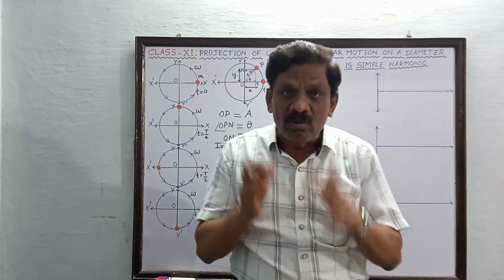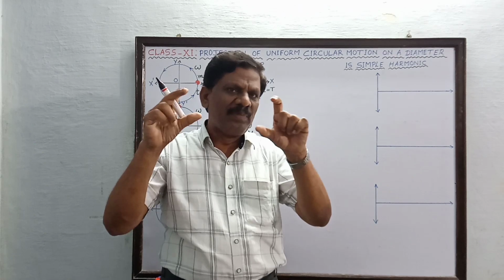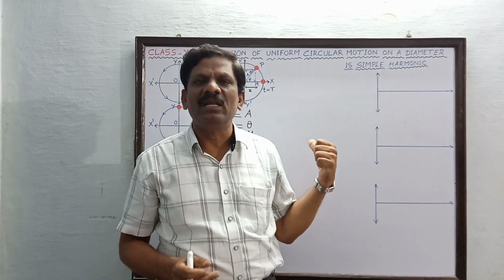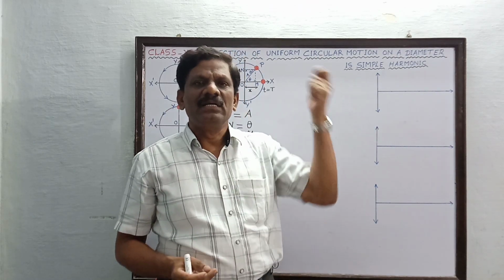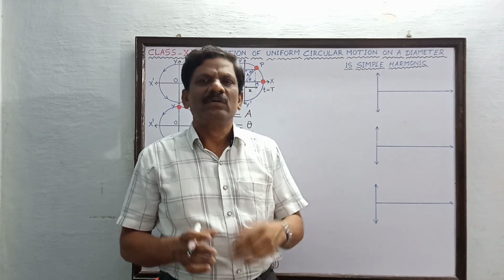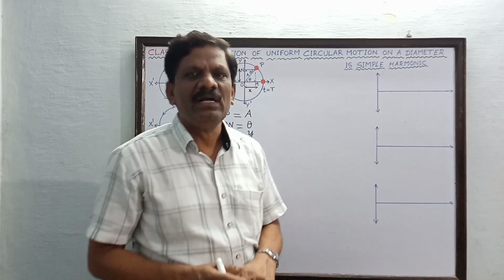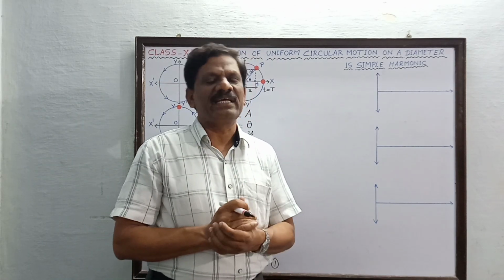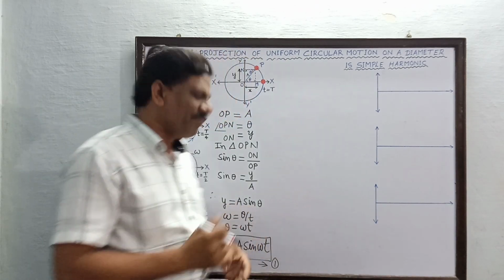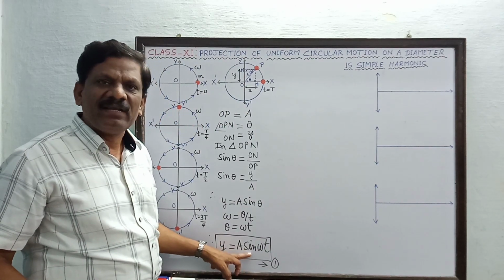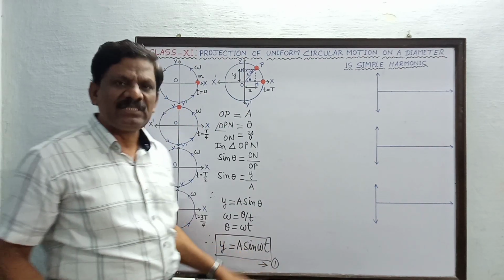That means we have to understand that the displacement of this particle, which is moving along a uniform circular motion, is changing with time, and this change with time is represented by a sine function, a sinusoidal function. So what is this equation 1?